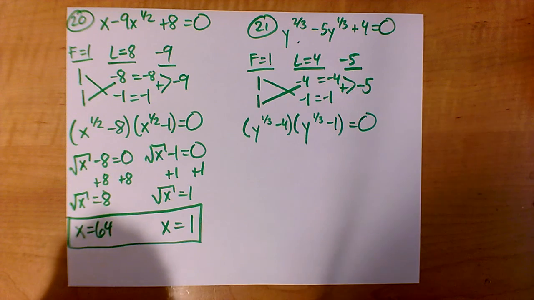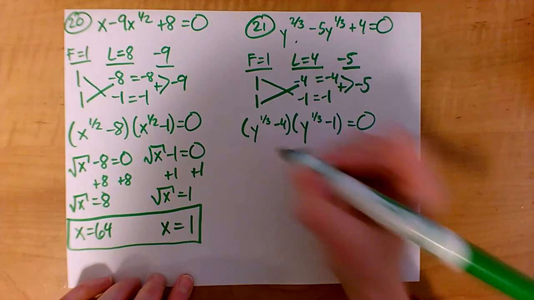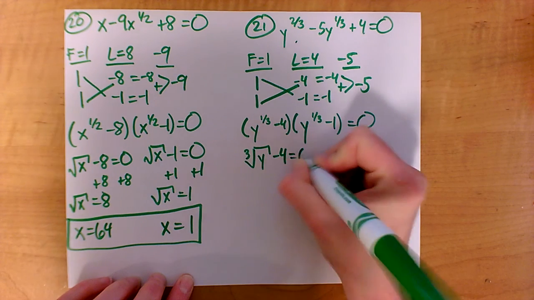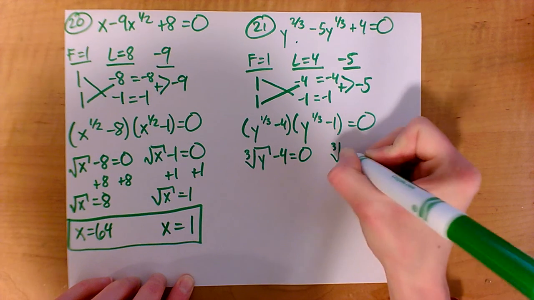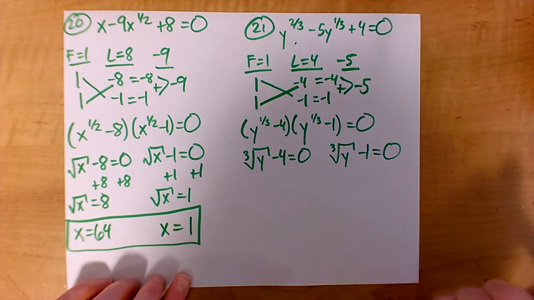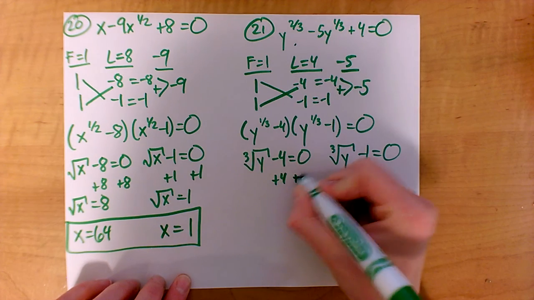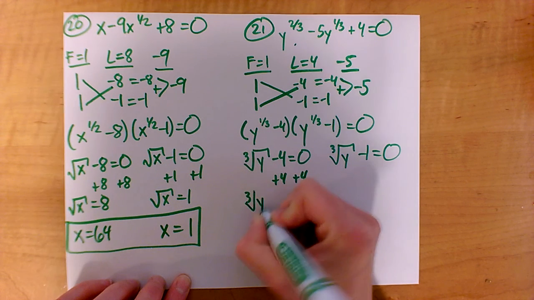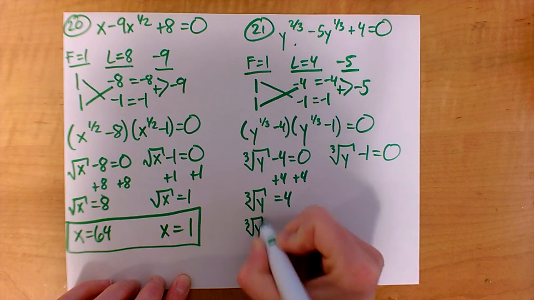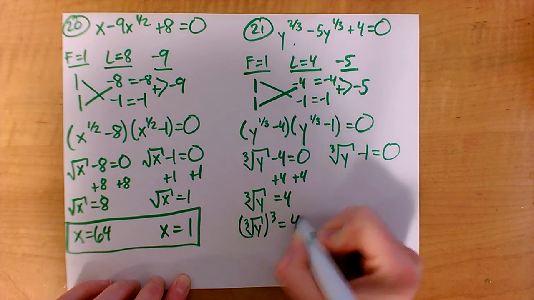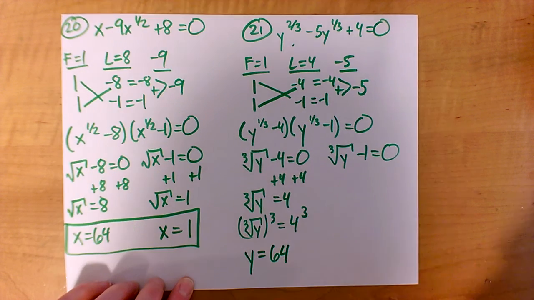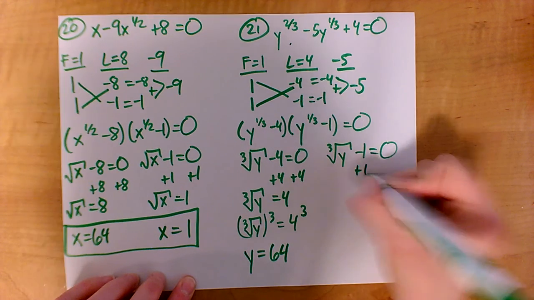And remember, if you have anything raised to the 1/3, that's the same thing as having a cube root. So we could say this is the cube root of y minus 4 equals 0, and then the cube root of y minus 1 is 0. So solving both of these, I add 4, so I get the cube root of y is 4, and then I'm going to raise both sides to the 3rd power, so I'll get y is 64 over here, right?